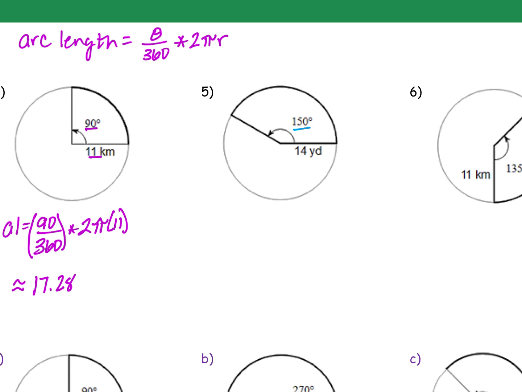Okay, I've got my degree and my radius here, so I'm still going to do the same thing. Arc length is going to equal 150 divided by 360 times 2 pi times 14.